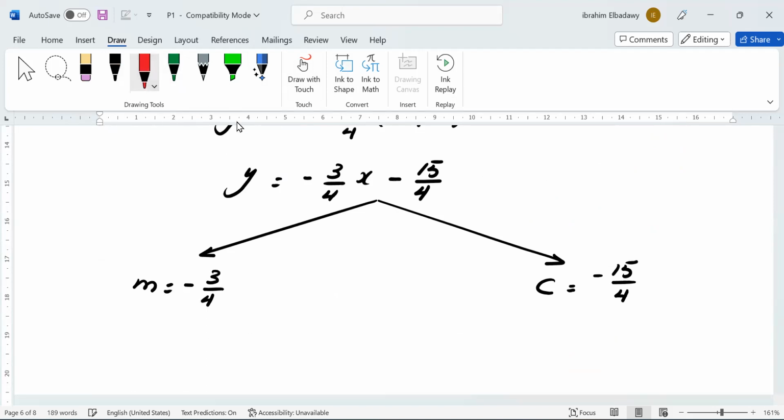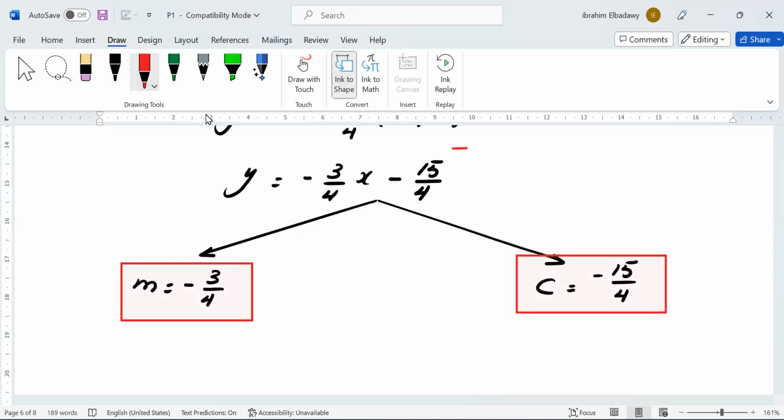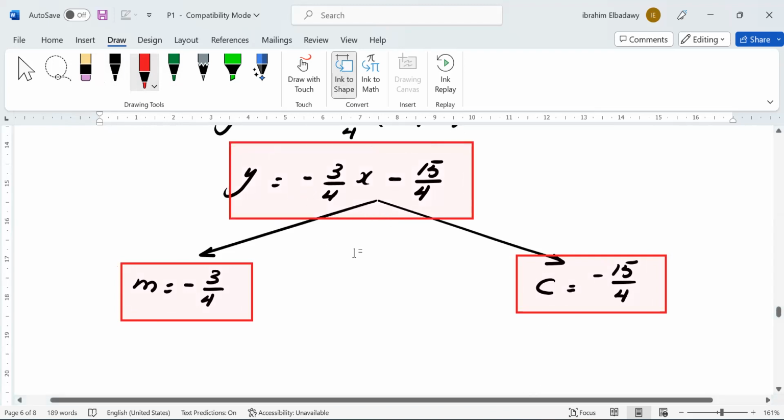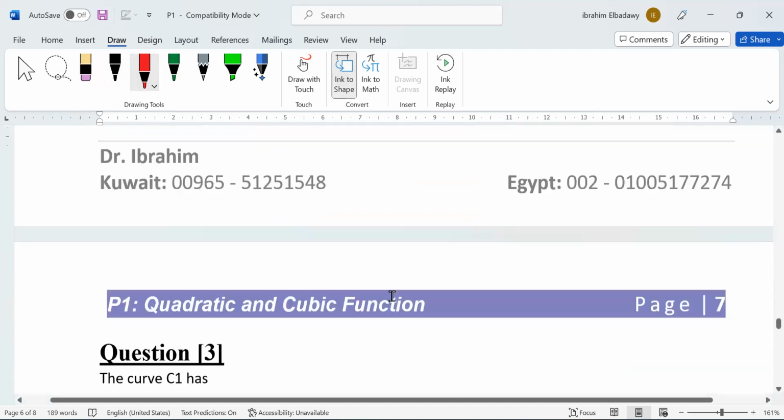You have to write the value of m and the value of c. It's very important to make sure you write the constants. And this is your formula, which is mx plus c. Okay, this is a question.